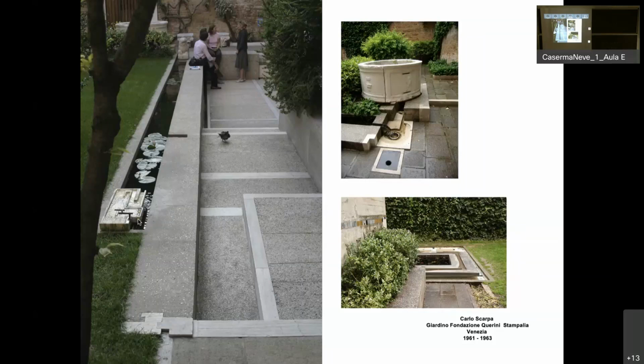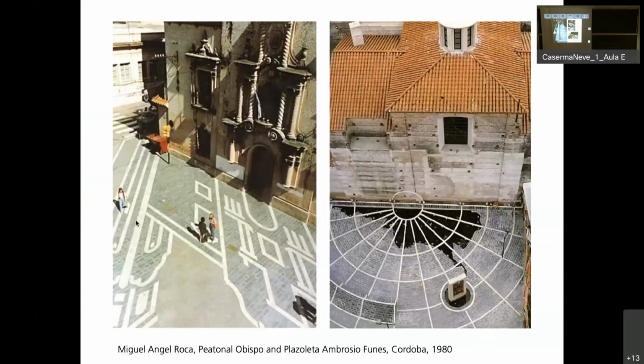There is a stress of intensity through some specific elements that are maybe in a different material, because these are in marble instead of a different stone, or they are, of course, treated as sculptures in their own right.